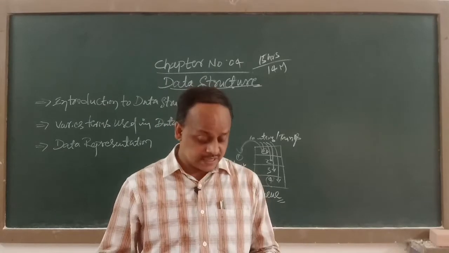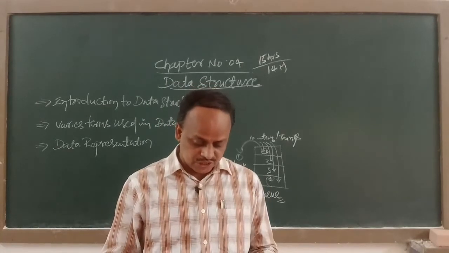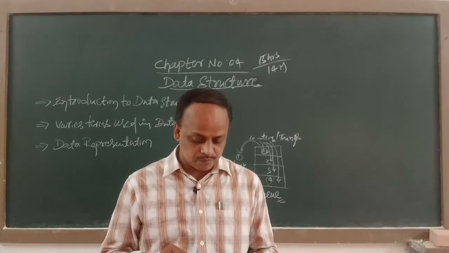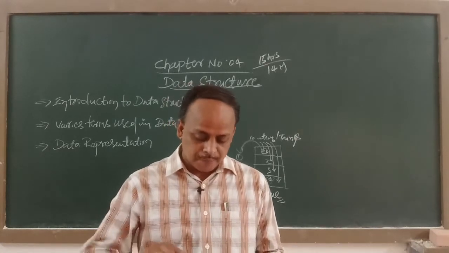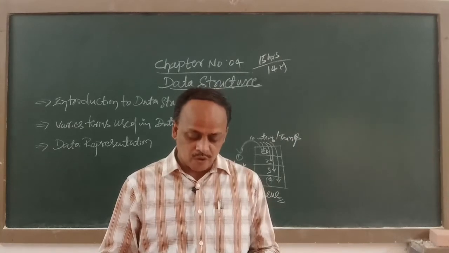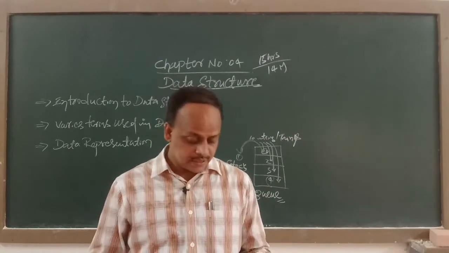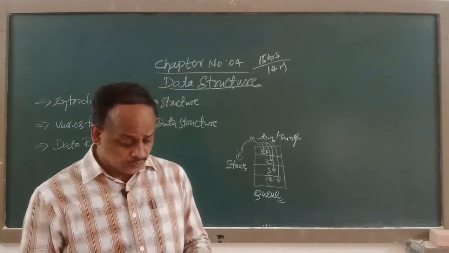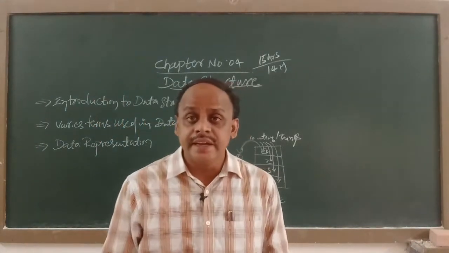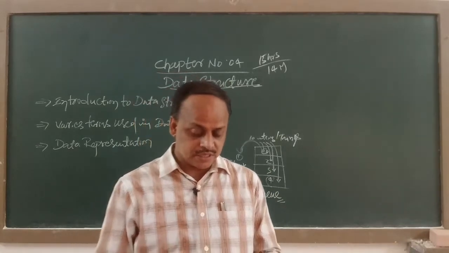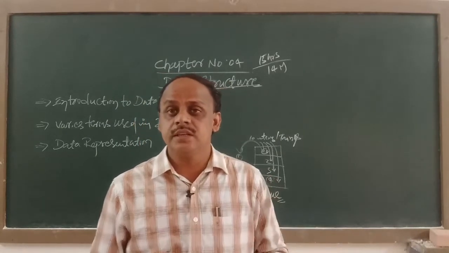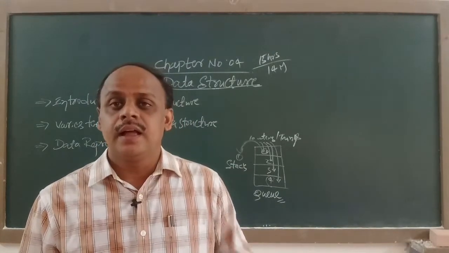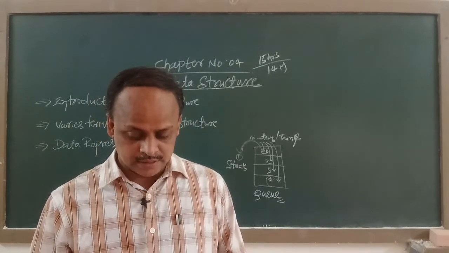And third, analysis of the structure, which includes determining the amount of space in memory and optimization of time taken for processing. So this data structure deals with the following three points.